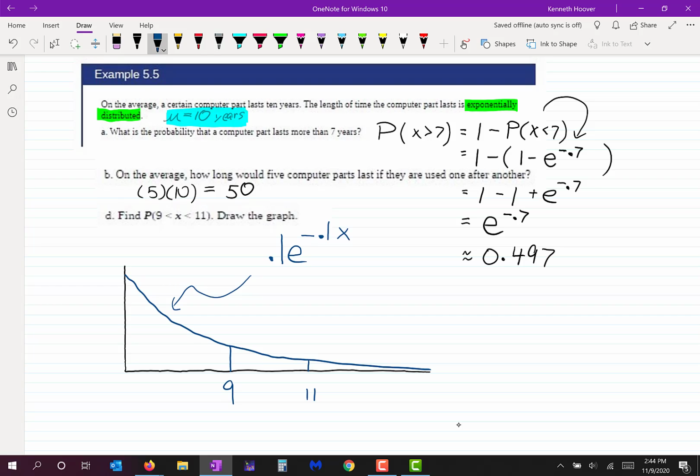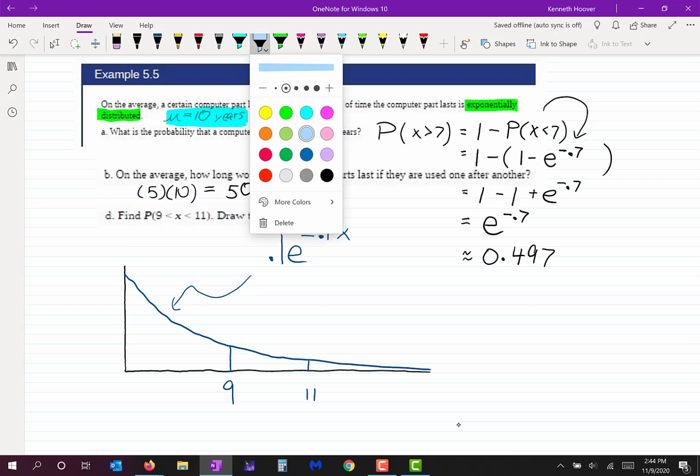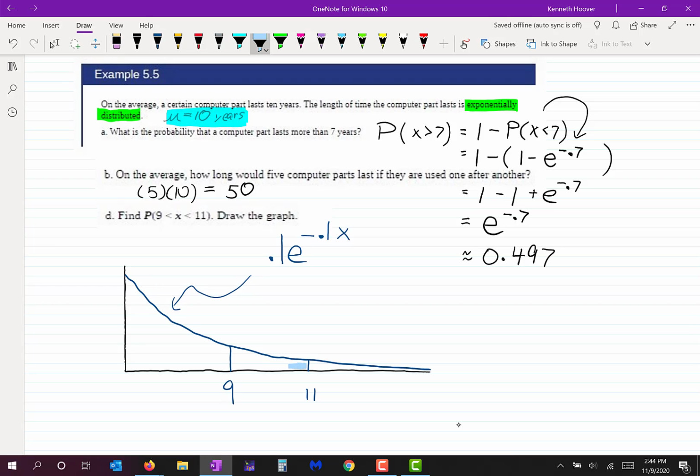What they're saying there is, if you pick a computer part at random, what's the probability that that part will last between 9 and 11 years? Okay, that's what's being asked. How do we calculate that? Well, we want to find this area here. Okay, and we do it just like in the last example.